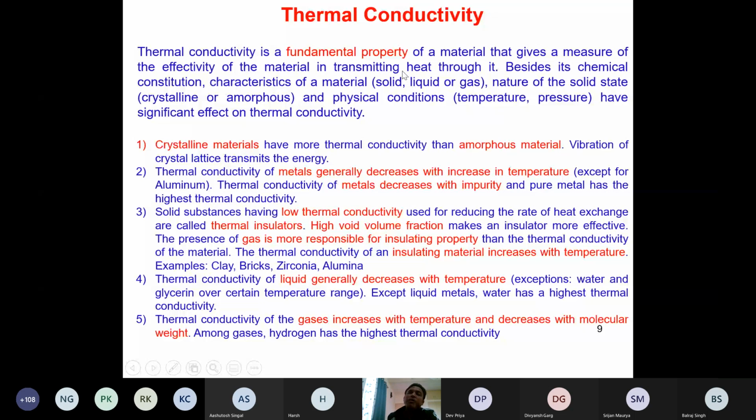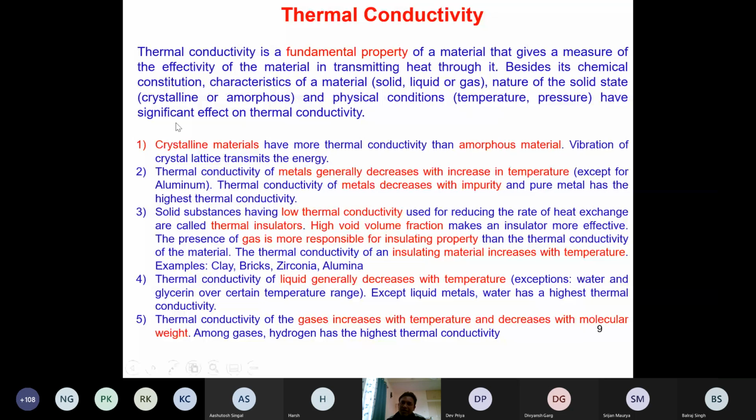So the important property here is the thermal conductivity. Thermal conductivity is a property of a material which gives a measure of the effectiveness of the material in transmitting heat through it. It depends on chemical composition. It depends on whether the material is solid, liquid or gaseous.